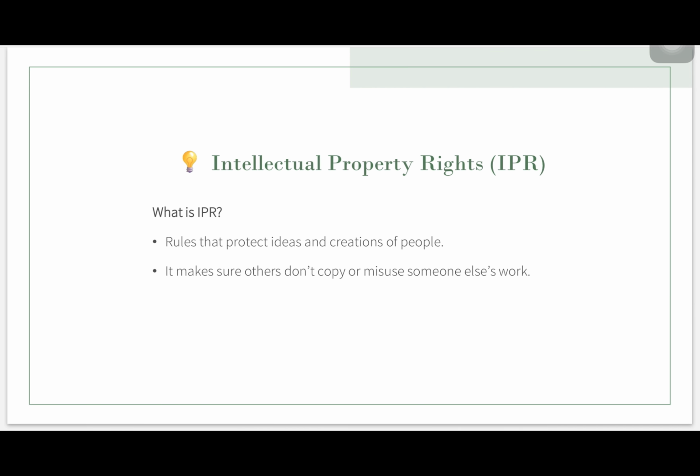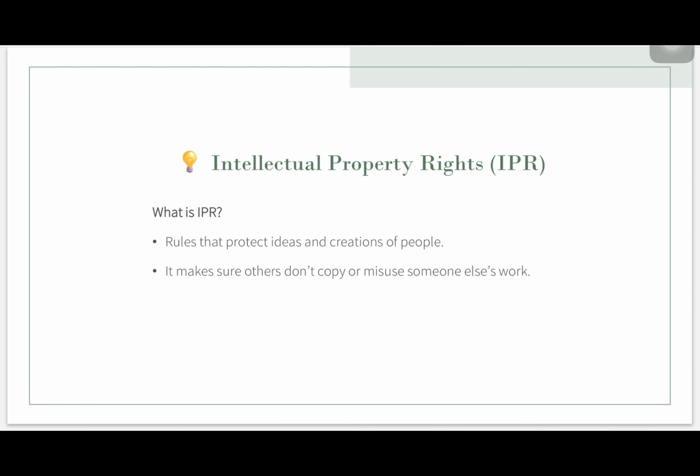Now, intellectual property rights, which means IPR. What is IPR? Rules that protect the ideas and creations of people. It makes sure others don't copy or misuse someone else's work.